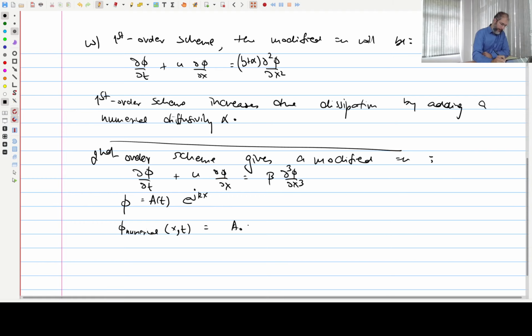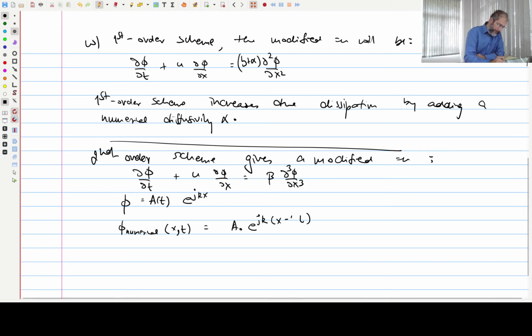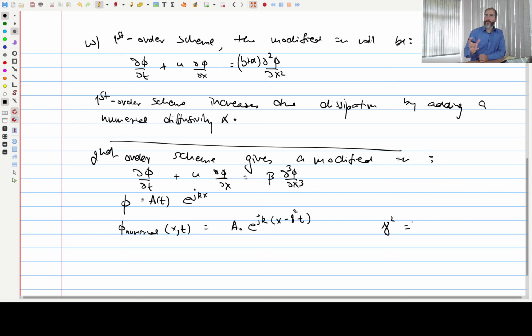So A naught, which was the constant, and then we have e to the power of jk times x minus alpha square t, where alpha squared, let's not use alpha, because alpha we use as a coefficient for the diffusion term. Let's call it gamma squared t, where I'm just writing gamma squared because it's a positive number.